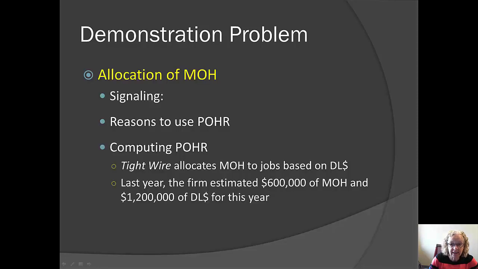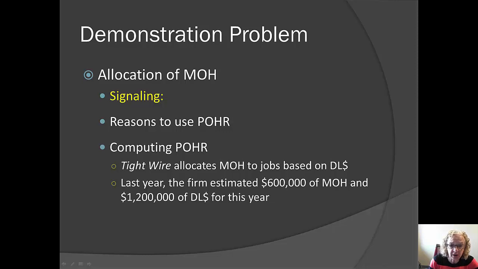The way that we assign overhead is different from the way that we assigned materials and labor. And the reason is we don't have a good paperwork trail to decide how much overhead goes into each of the jobs that we do. Because of that, there's no clear signal for when to recognize overhead.